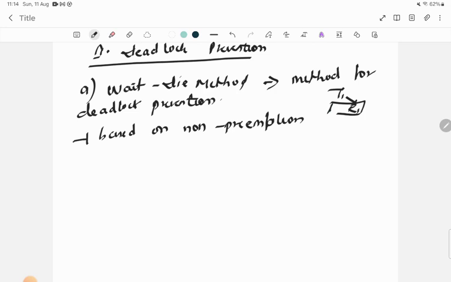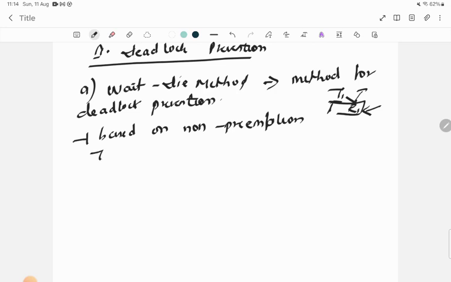Before the completion of its task, it is not going to leave this R1. It is not going to preempt. It means that a transaction should either wait for the resource, or the transaction should abort the process. Okay, so what happens in this wait-die scheme?